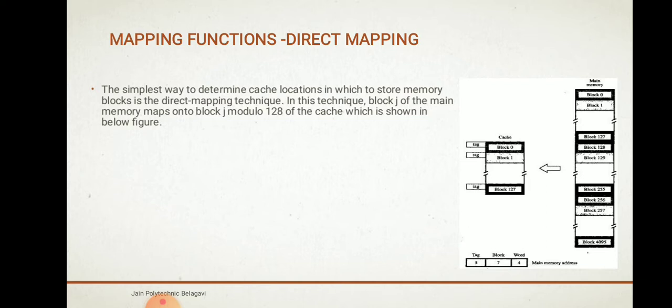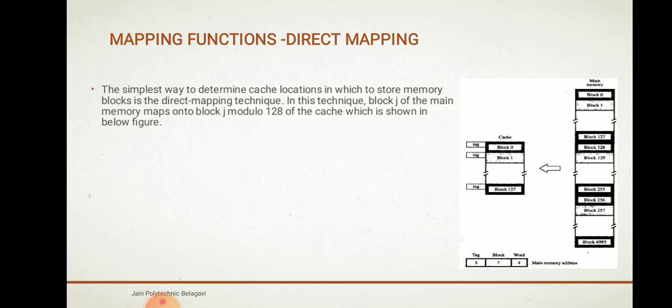As you can see in the figure, there are 4096 blocks starting from 0 to 4095 in the main memory. Now if I want to store these memory locations into the cache, this cache contains a total of 128 blocks.